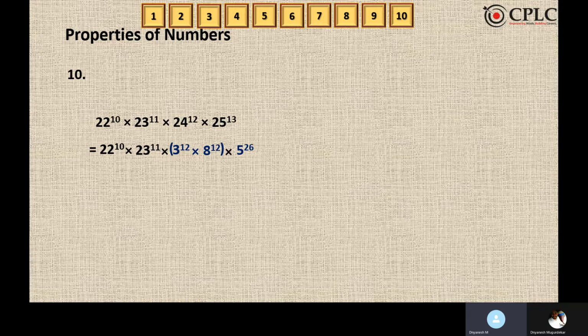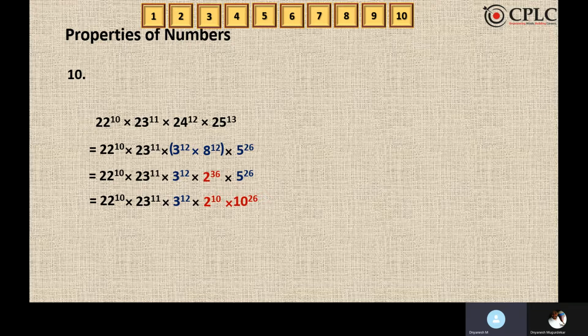Then 24 can be written as 3 raised to 12 and 8 raised to 12, but 8 can be written as 2 cube. 2 cube, the whole raised to 12 will be 2 raised to 36. So we have 26 fives and we have 36 twos, out of which 26 twos will go with 26 fives to make 26 zeros, that is, 26 tens basically.